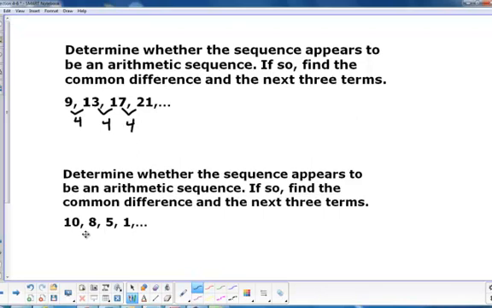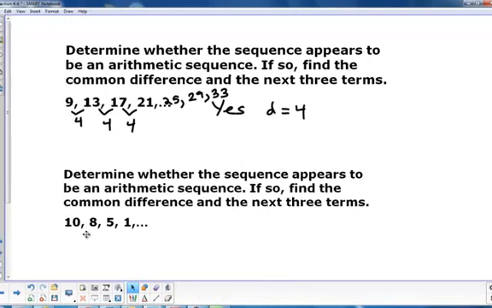So, this is arithmetic. The difference is 4. And if we continue this pattern, 21 plus 4 is 25. 25 plus 4 is 29. And 29 plus 4 is 33.